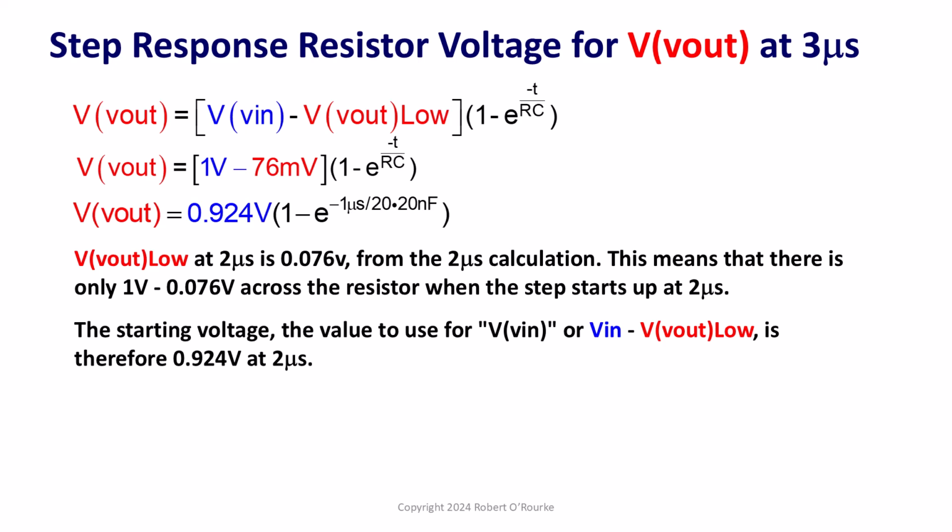When the step response starts at 2 microseconds, the voltage across the resistor is 1 volt minus 76 millivolts, or 924 millivolts. 76 millivolts is the voltage across the capacitor at 2 microseconds. 924 millivolts, or 0.924 volts, is the value we need to use for the quantity Vin minus Vout low in our modified step response equation.